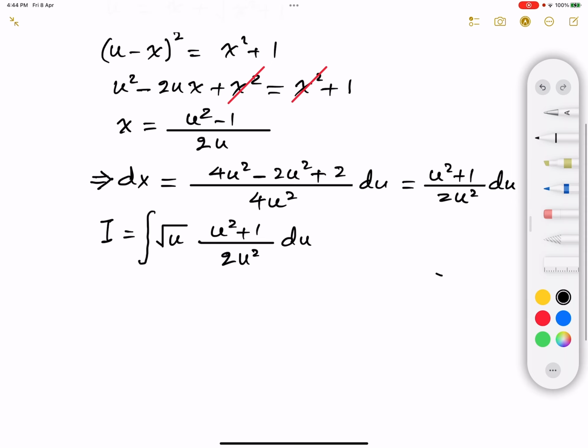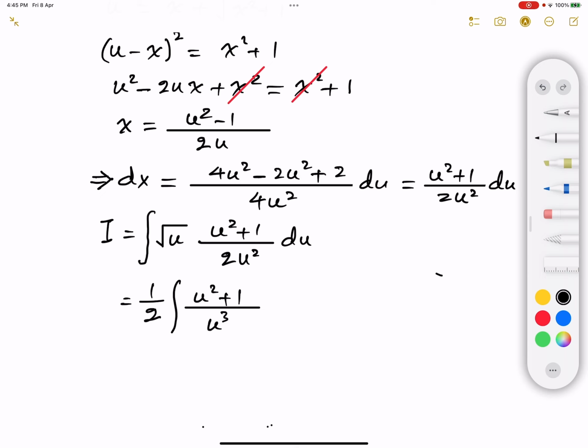Now we can get the half outside the integral. So that's going to give us half here, and then u to the power half, we can simplify it with the denominator u squared, so the numerator is going to stay as u squared plus 1, and the denominator is going to become u to the power 2 minus half.